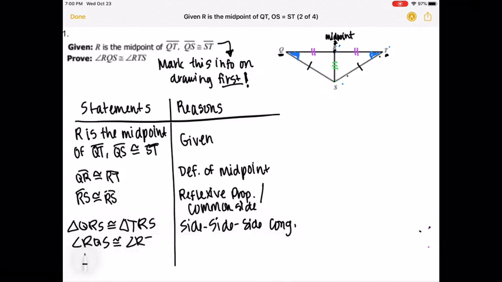And that is the one that we learned today, CPCTC: corresponding parts of congruent triangles are congruent. So if we know the two triangles are congruent, this angle is congruent to this angle, this one is congruent to this one, and then of course the main one that we needed. So final would be CPCTC.